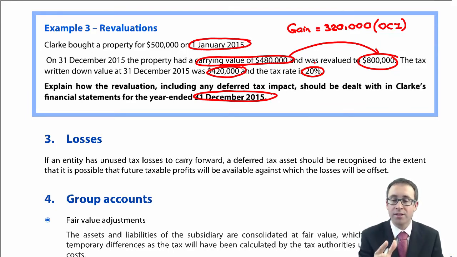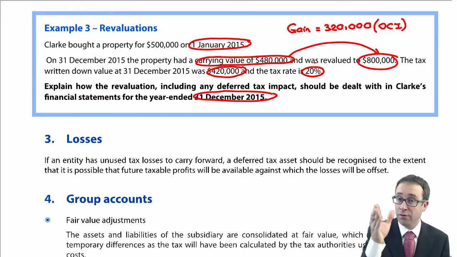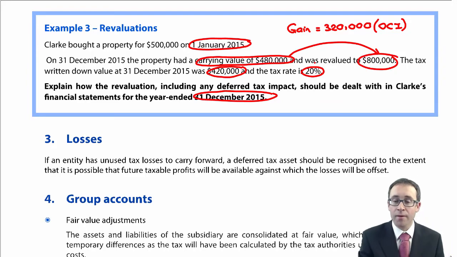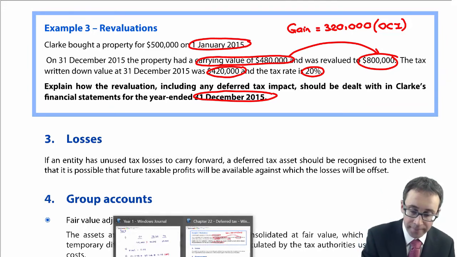They don't increase it up to the revalued amount. So our temporary difference is much higher, because previously we would have been comparing the 420 to the 480, but now we're comparing 420 up to 800,000.